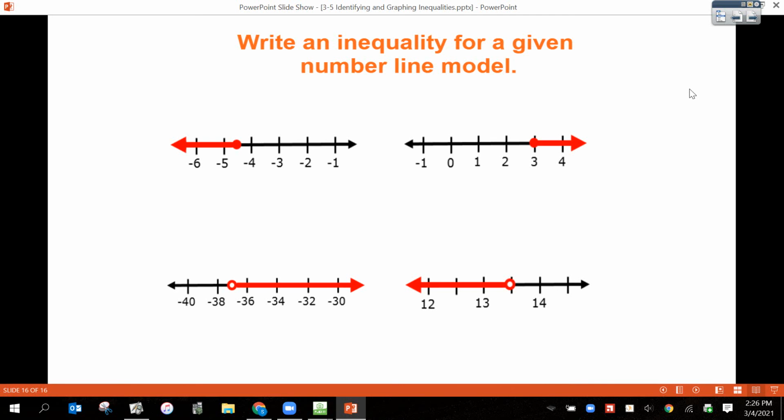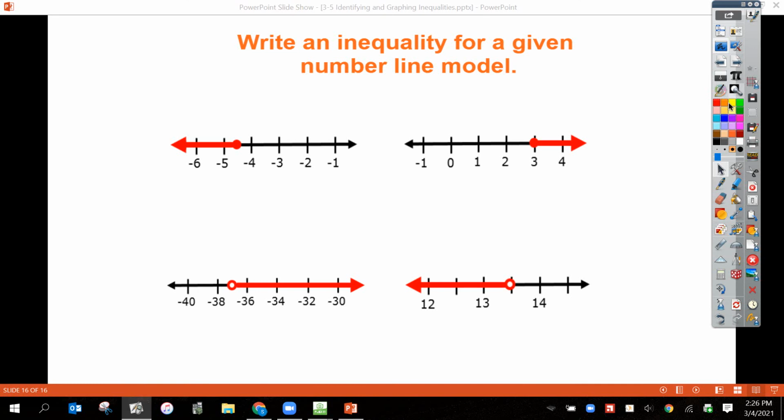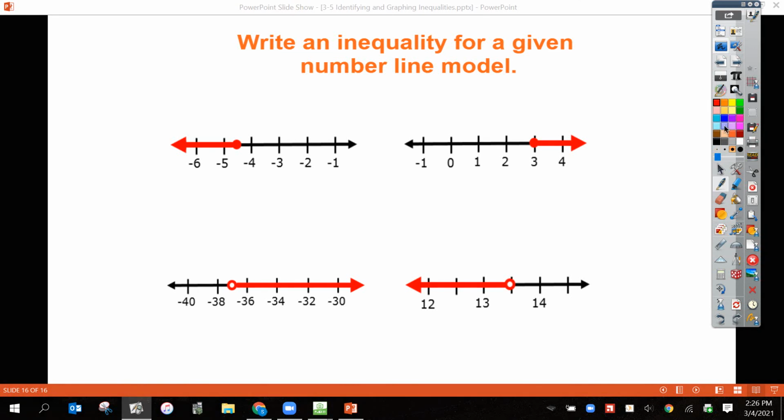Okay, let's write an inequality for the given number line model. What did I just say? Write an inequality for a given number line model. Ooh. All right, let me get some ink here. I'll go blue. Let's use X. X is, now this one's going to the left, so that would be a less than, and then that's got a solid dot between -4 and -5.